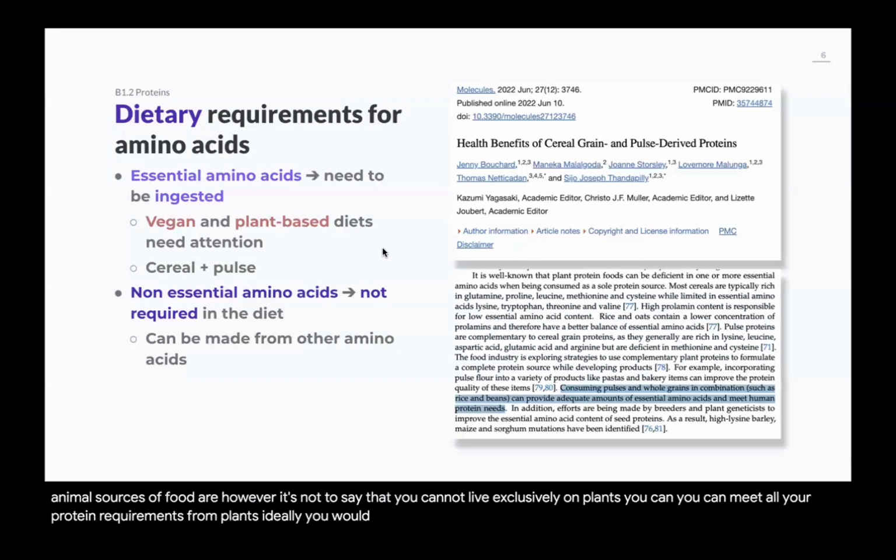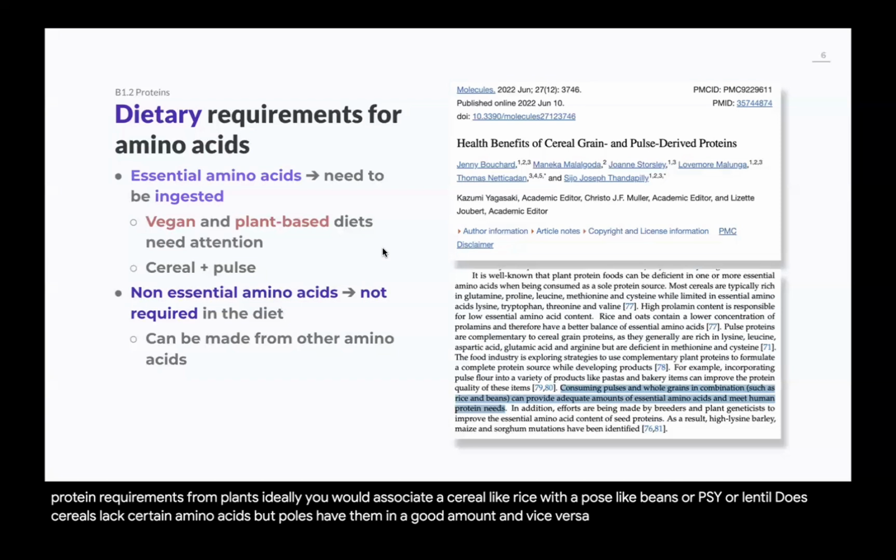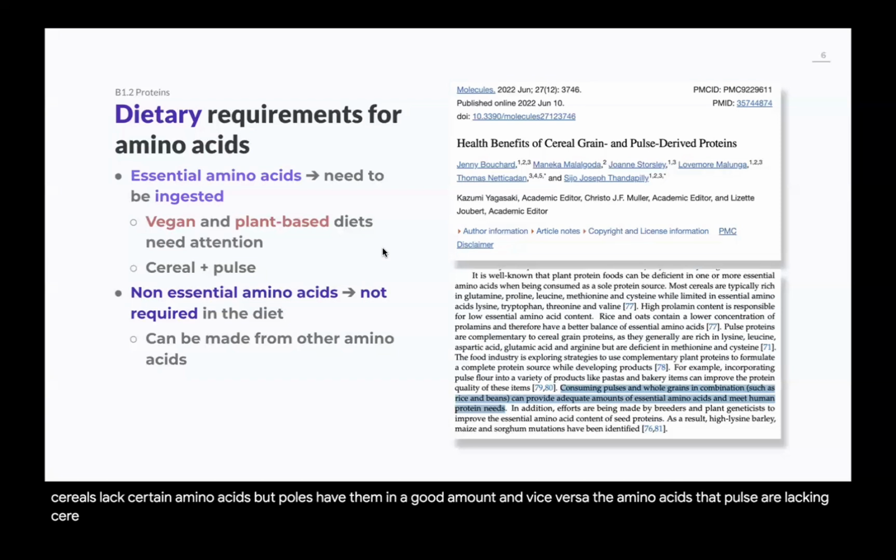Ideally, you would associate a cereal like rice with a pulse like beans or soy or lentil, because cereals lack certain amino acids, but pulses have them in a good amount, and vice versa. The amino acids that pulses are lacking, cereals are rich in. So they complement each other really nicely, like yin yang, but made with rice and beans.